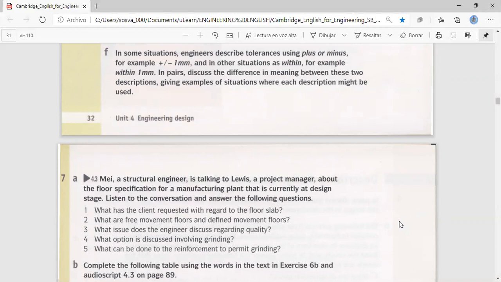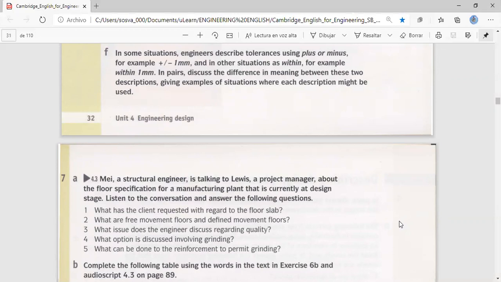Well, I think it depends on variation, the variation in one specification or reading, related with accuracy.